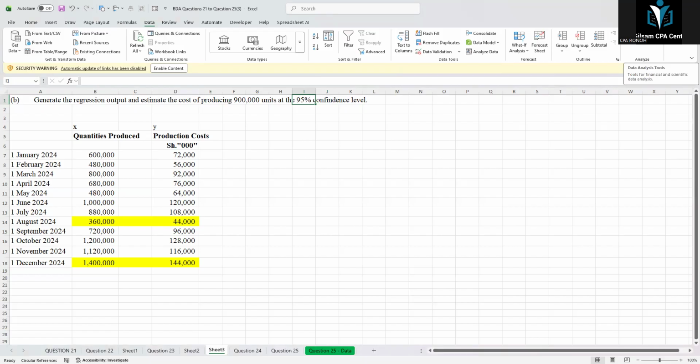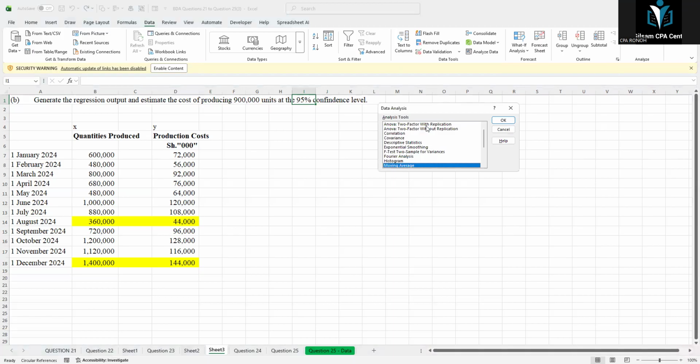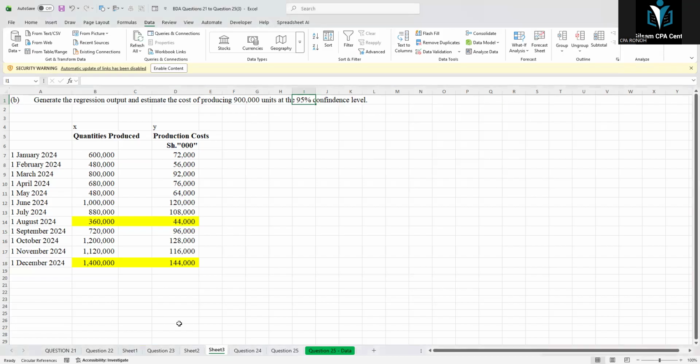So what we do, we just need to click that data analysis. If you click data analysis, you'll get a lot of formulas. You can get correlation, covariance, descriptive statistics, which I think is also part of this question.